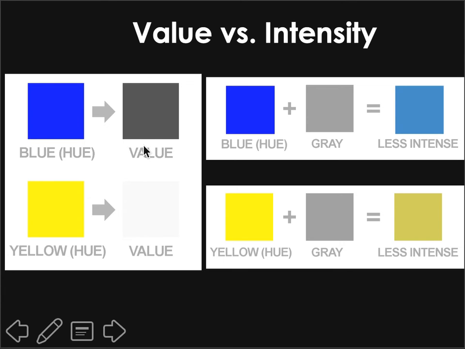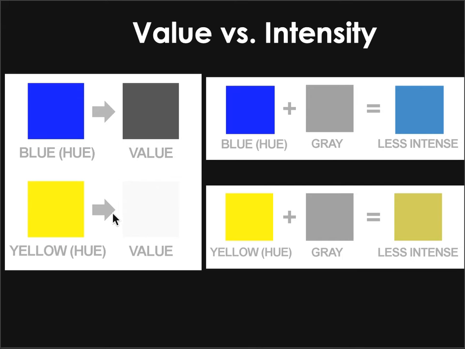So you can see that blue is much darker in value than yellow. Well, we can change a color's value by adding white or black to it. And we'll talk about that here in a minute, but that's known as tint or shade. So if we add white to something or we add black pigment to something, we can change the value.